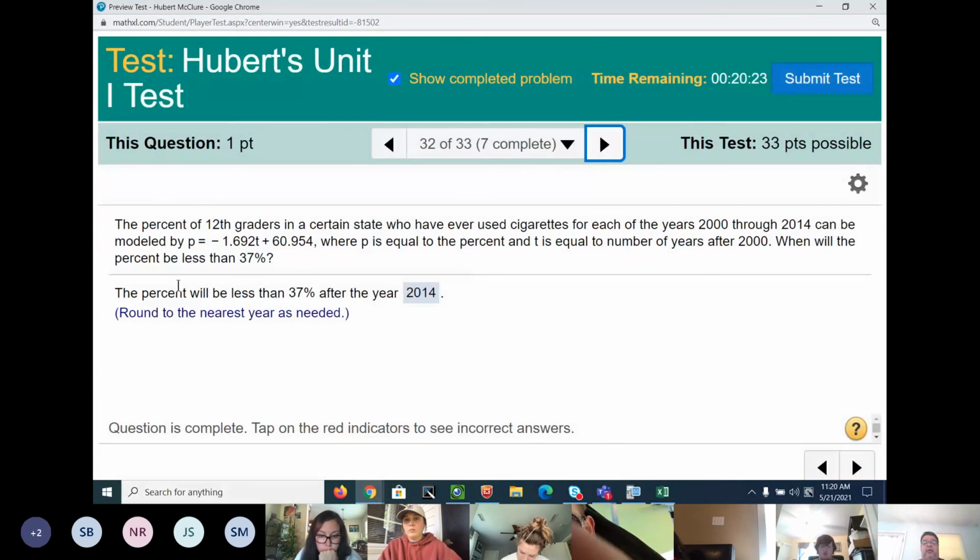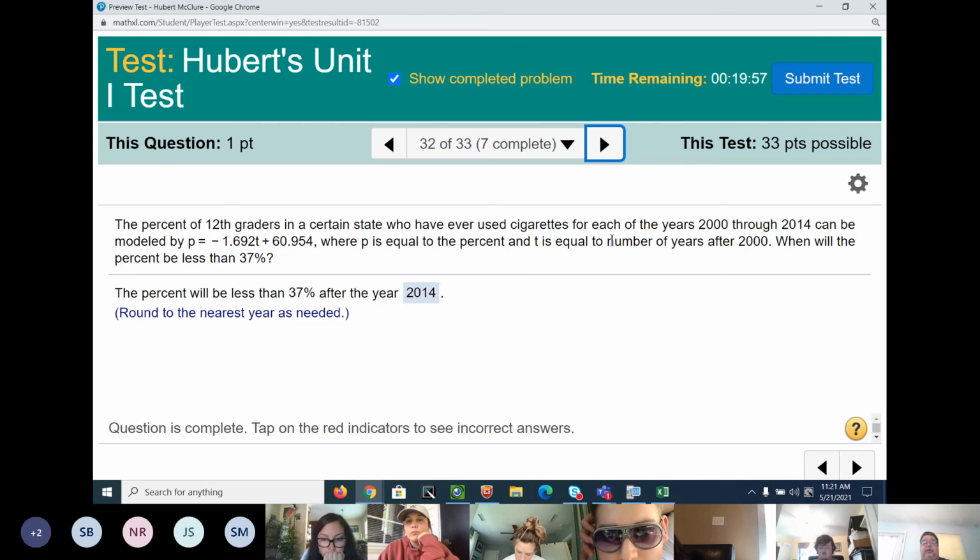Oh my gosh, why did they put the 3 word problems on top of each other? Or 2. The percent of 12th graders in a certain state who have ever used cigarettes for each of the years 2000 through 2014 can be modeled by the given equation, where P is equal to the percent and T is equal to the number of years.